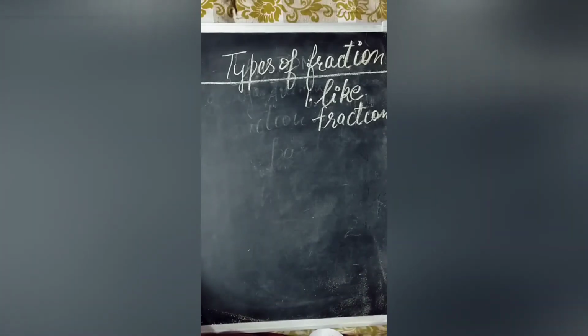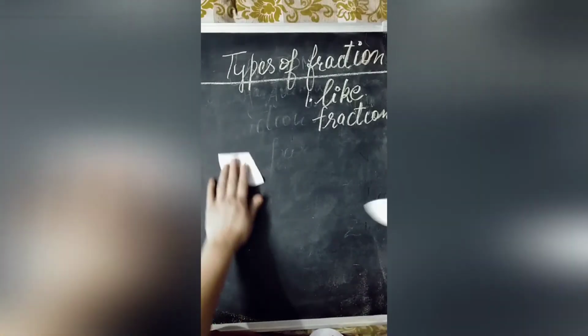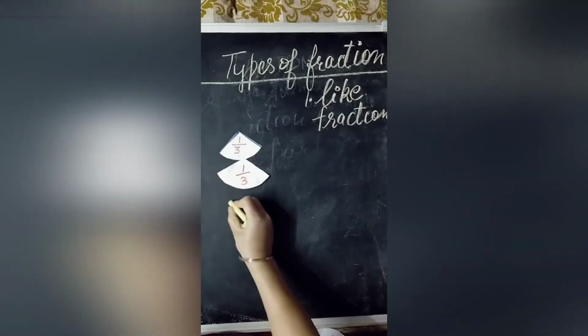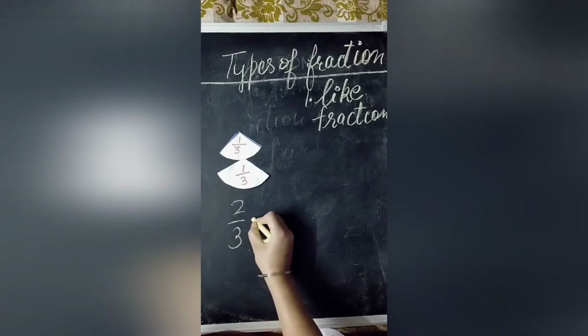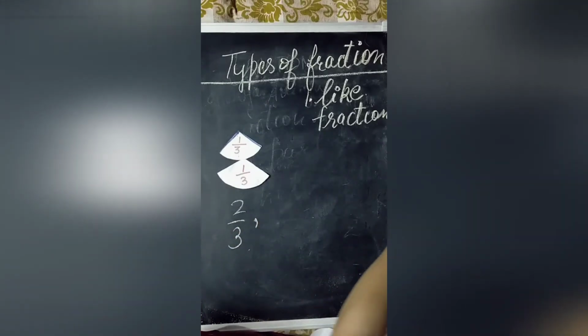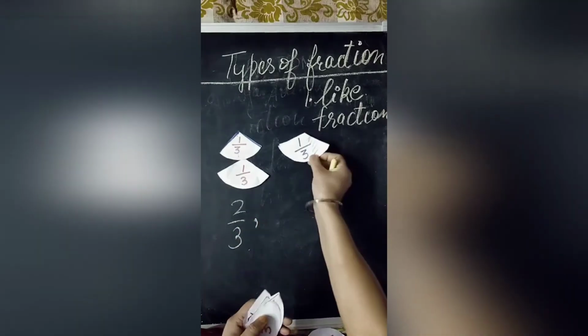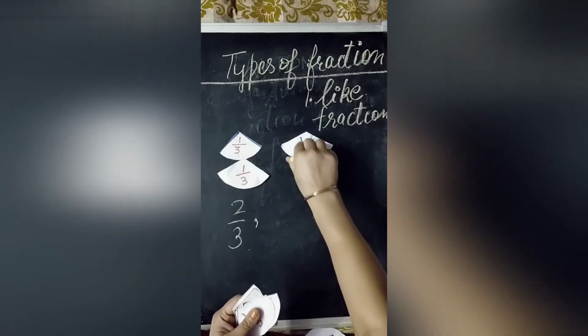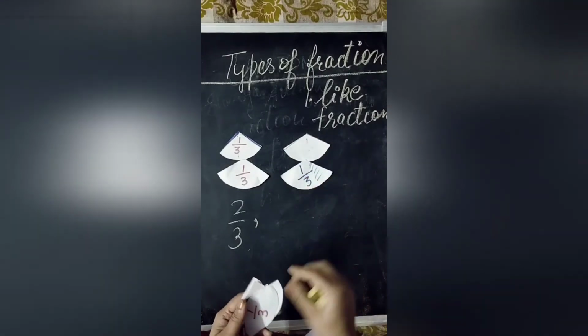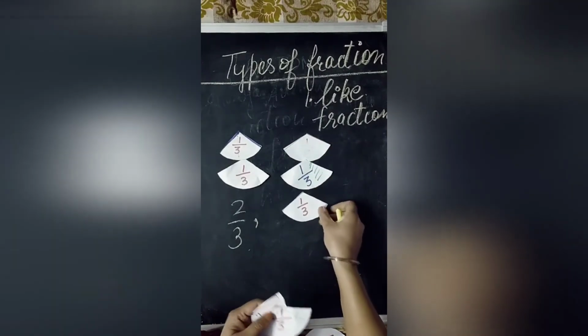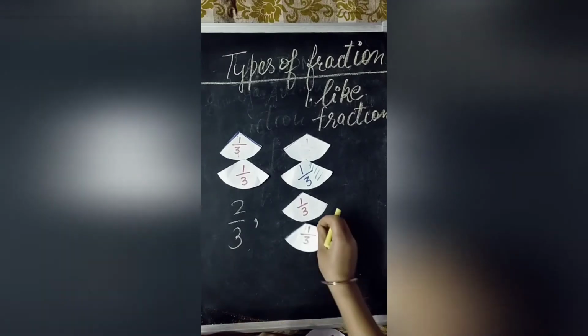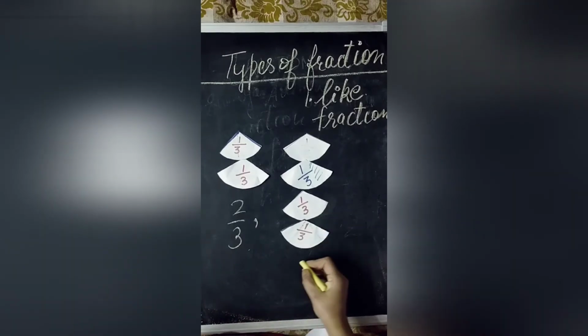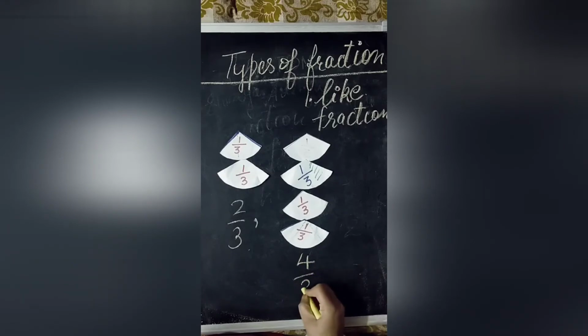So the like fractions are, how will we name it? These are 2/3. This is 1/3, one more third, one more third, or one more third. How many thirds are there in total? 4 thirds.